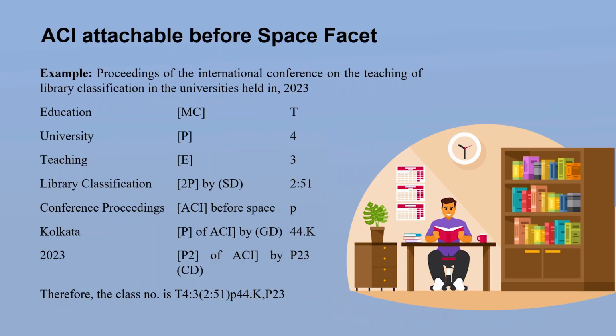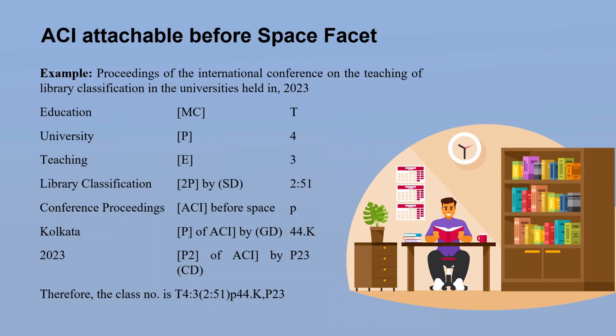That notation is small p, and it is used after getting the class number up to the fullest extent. The main class is education, then university level of education, then teaching, and then 2p is the library classification we get by applying the subject device.